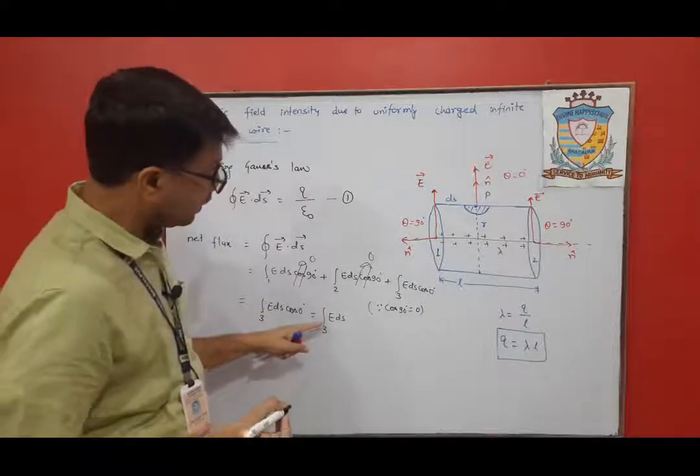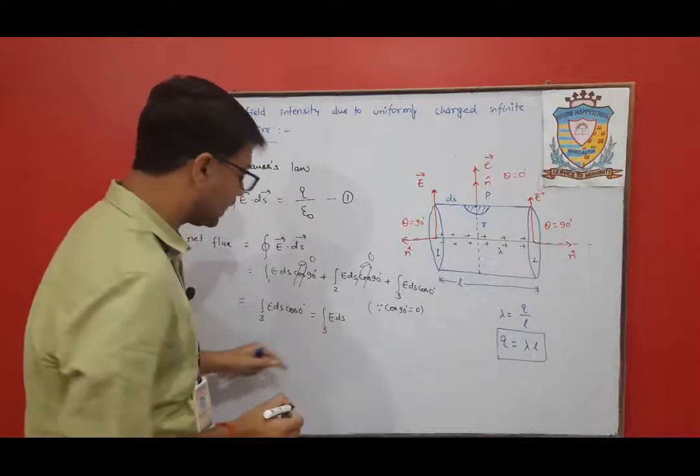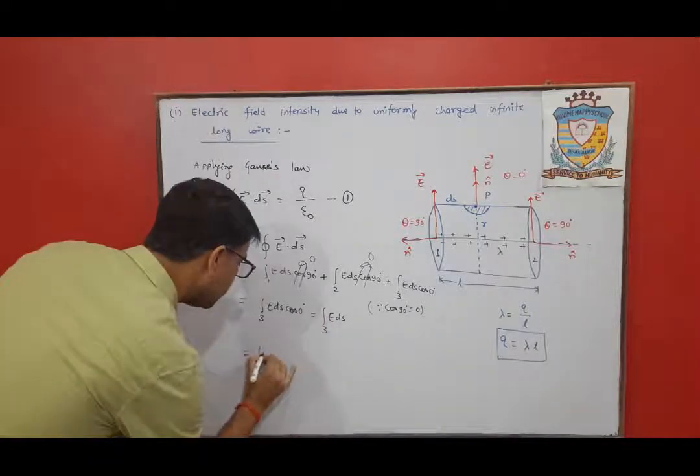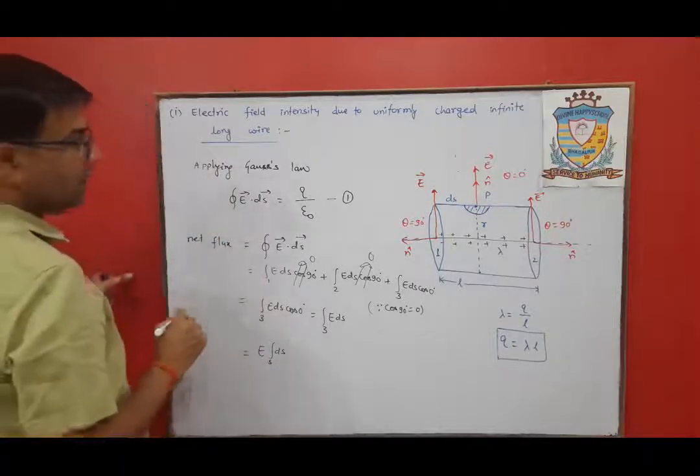At the Gaussian surface, the electric field intensity is the same, so it is taken as constant. This becomes E times the closed integral of ds. What is ds?